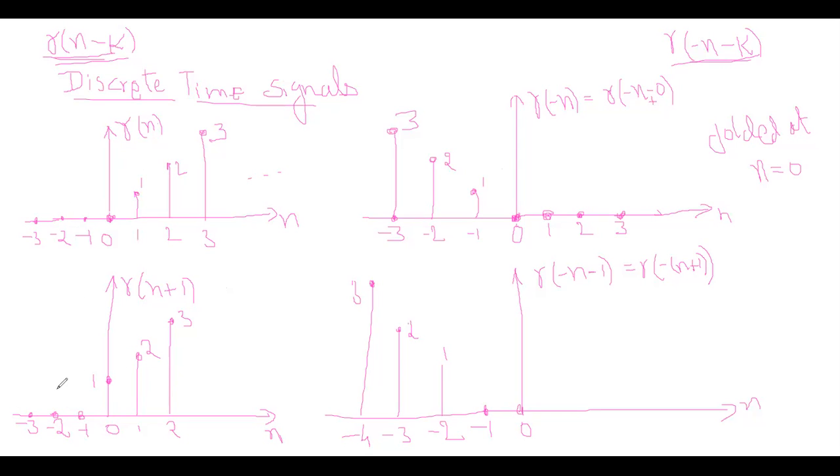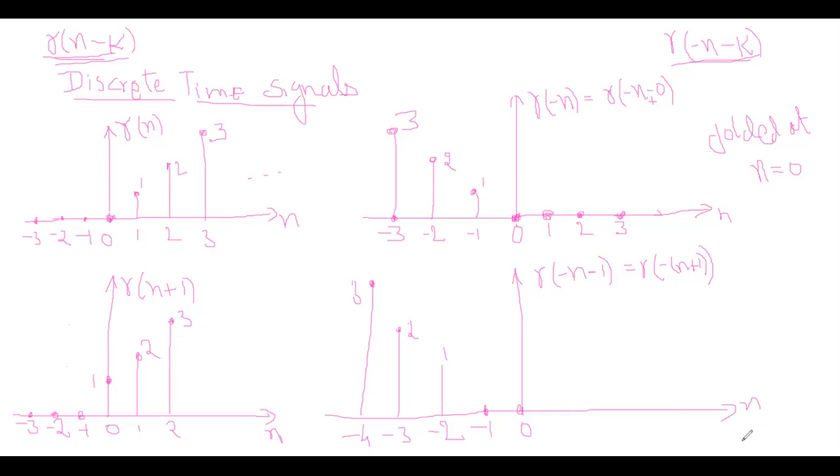This goes towards the 2 only, the folded function at the 2. The 1 will appear at the minus 3. 2 will appear at the minus 4. And the 3 value of R of n plus 1 will be at the minus 5. Okay. The folding occurs at the minus 2.